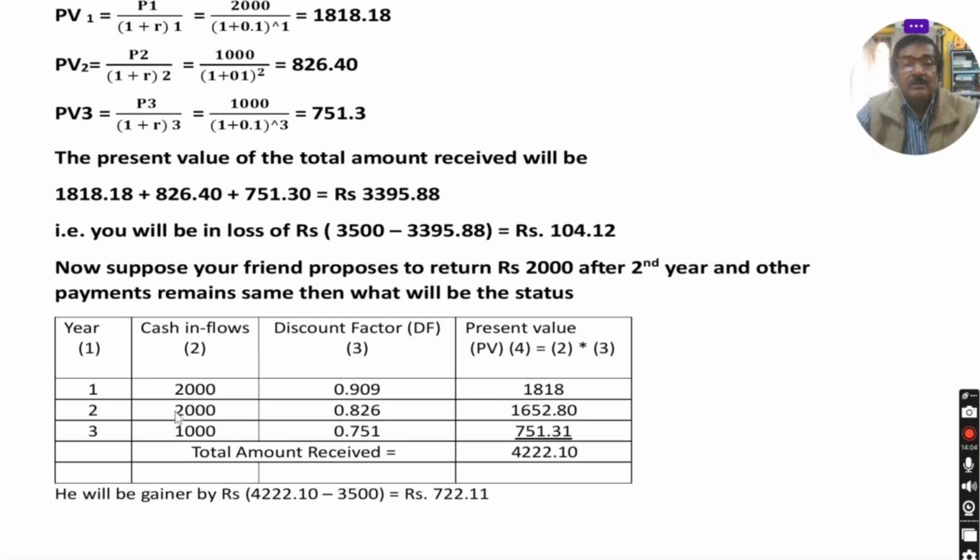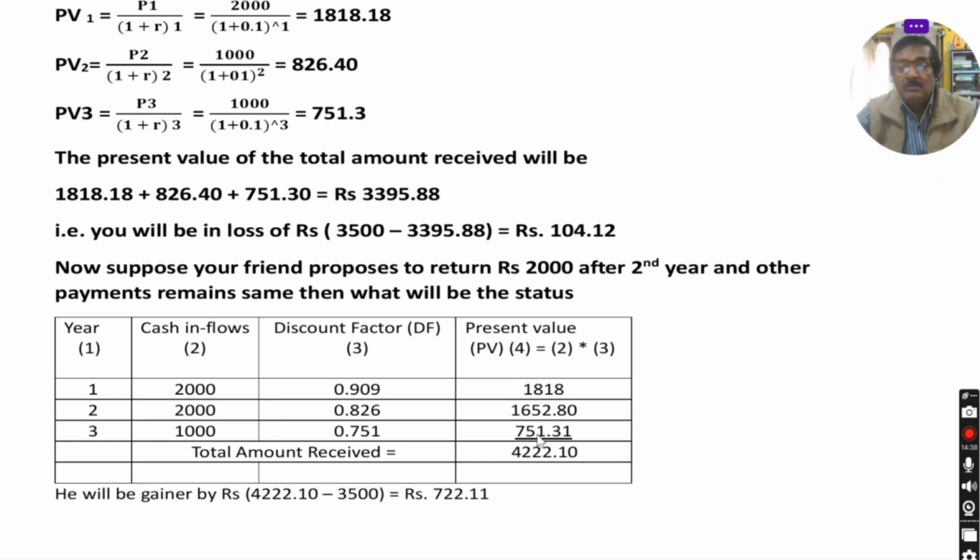So this is the discount factor, and if you multiply, you will get the present value of the amount which you are receiving after 2 years. And what is the present value for this 1000? The discount factor is 1 divided by 1 plus 0.1 to the power 3. If you calculate, you will get this factor, and the present value will be this.